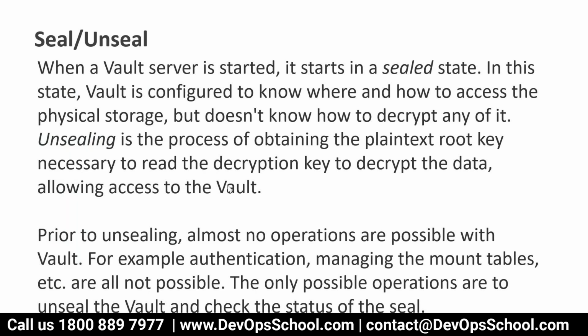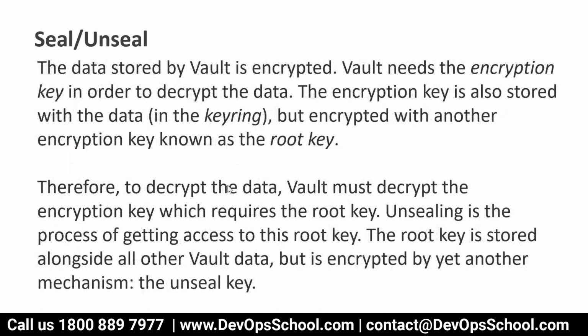Okay, so the data stored by Vault is encrypted. Vault needs the encryption key in order to retrieve the data. The encryption key is also stored with the data in the keyring, but encrypted with another encryption key known as the root key. Therefore, to decrypt the data, Vault must decrypt the encryption key, which requires the root key, and unsealing is the process of getting access to the root key.